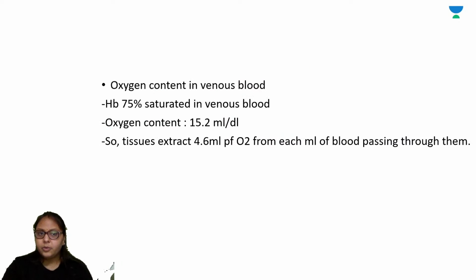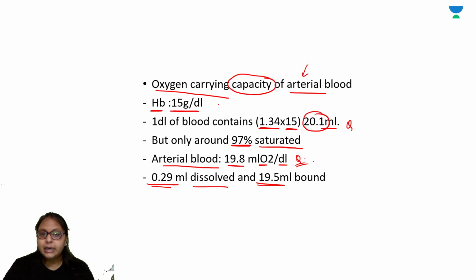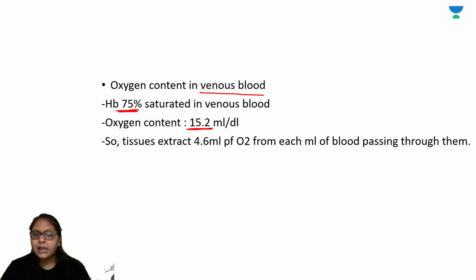Now, oxygen content in venous blood. How much hemoglobin is saturated in venous blood? 75%. So the oxygen content is only 15.2 ml per deciliter. So how much was it in arterial blood? In arterial blood it was 19.5 and here it is 15.2. That means around 4.6 ml of oxygen is extracted by the tissues.